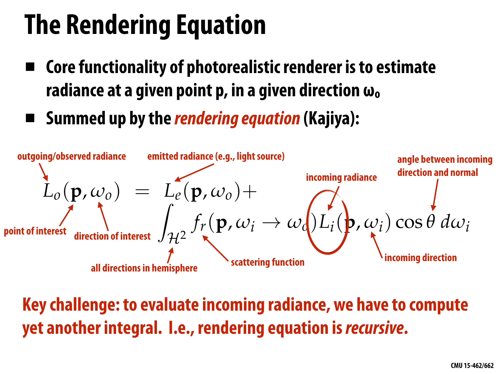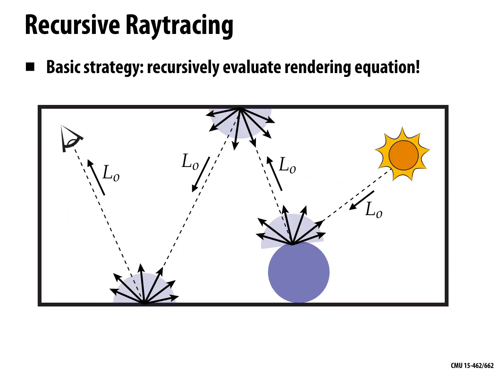It's exactly this same equation, right? We just get another instance of this equation, but at a different point. In particular, at the point we find by tracing that ray backwards until it hits a different point in the scene. So this whole task of estimating or computing radiance comes down to recursively evaluating this rendering equation.